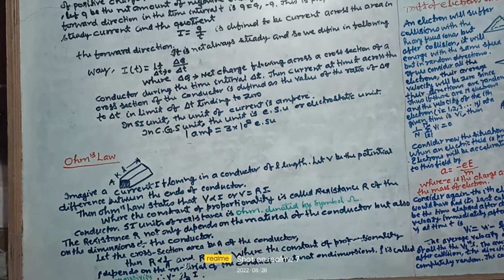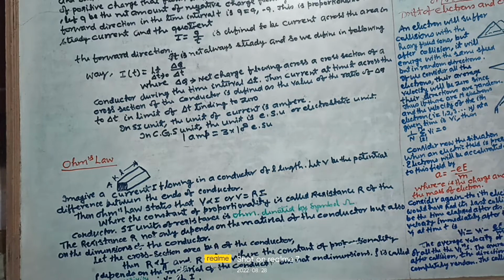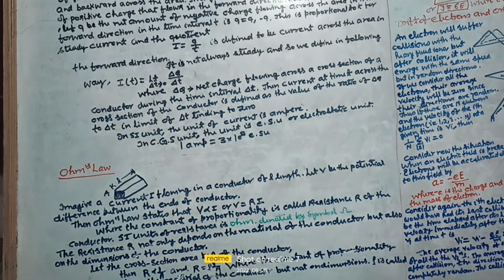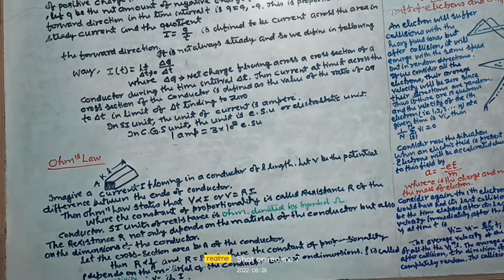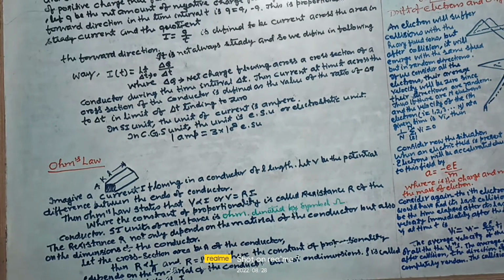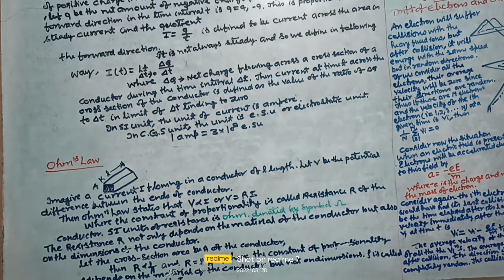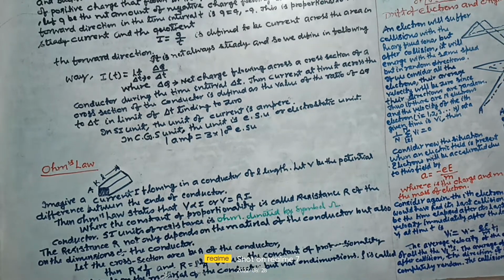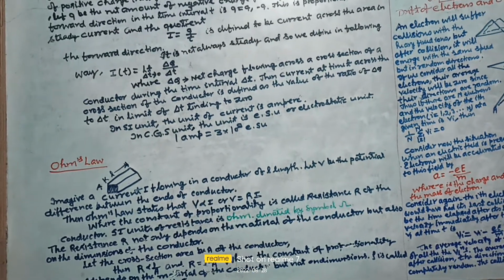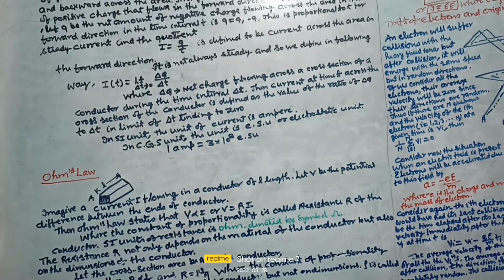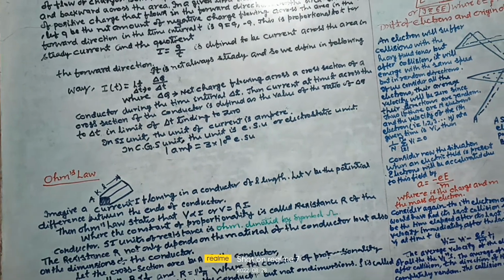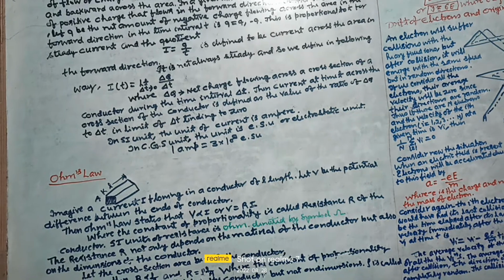Then Ohm's law states that V is proportional to I. It means potential difference is proportional to current, or V = RI, where the constant of proportionality is called resistance of the conductor. SI unit of resistance is ohm, denoted by the symbol as shown in the figure.